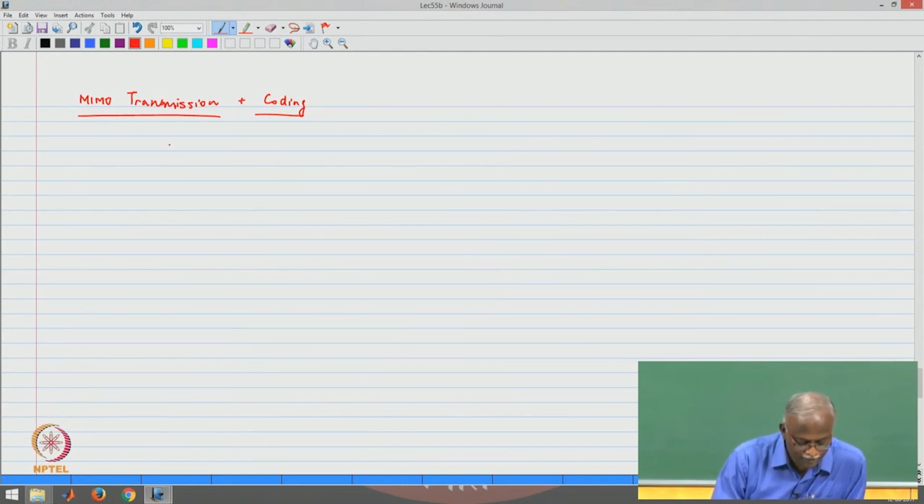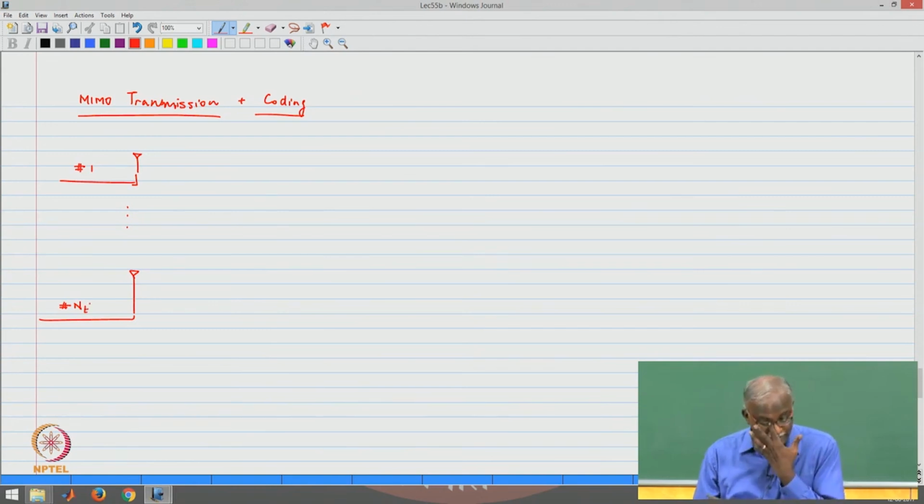So, if you have the following scenario, I have NT transmit antennas, that is transmit antenna number 1, all the way to transmit antenna number NT.